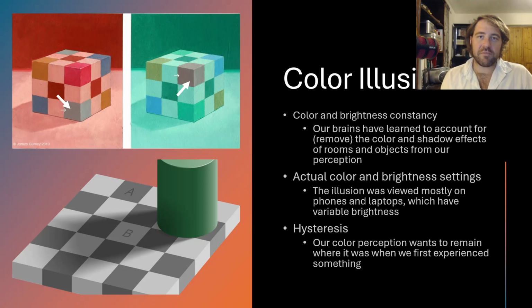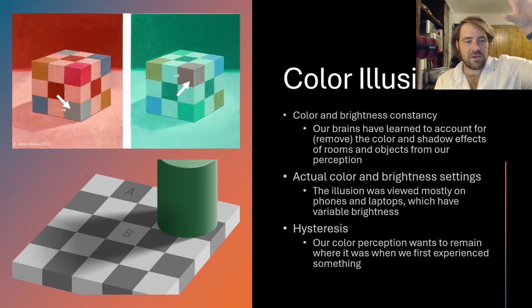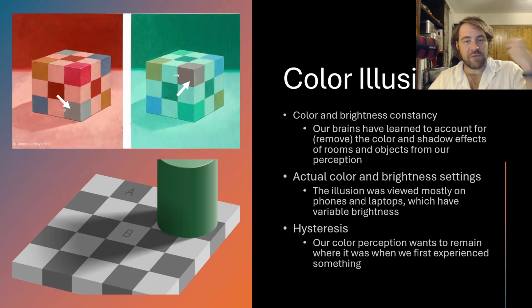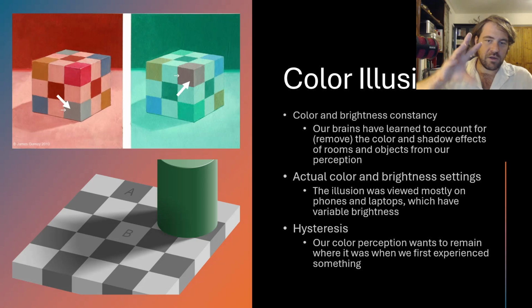The reason we don't perceive them that way is because what it looks like is going on here is the entire cube on the left is bathed in red light, and the entire cube on the right is bathed in green light, like they're in their own separate little boxes. And there's a light that's reflecting red light or green light. So our brains are correcting for the color of the environment, kind of sucking out the red color on the left and the green color on the right.